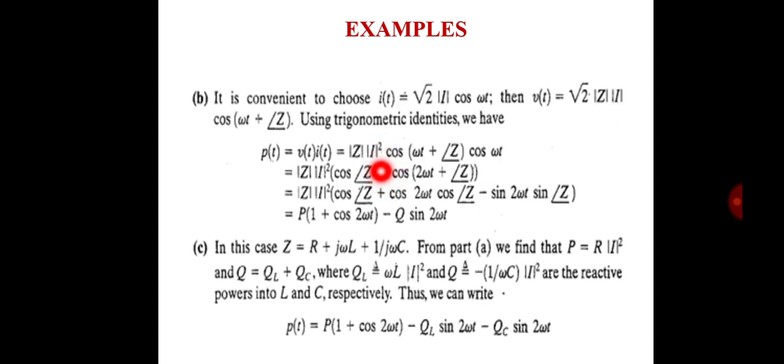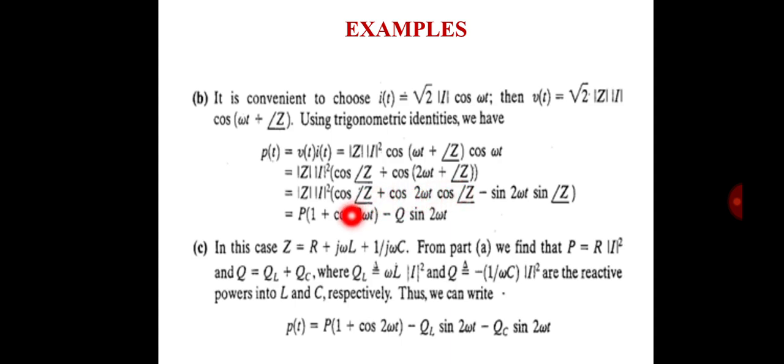Now 2 cos of omega t plus angle Z and cos omega t, that means the 2 cos A cos B equation becomes cos A plus B plus cos A minus B. That means Z I square cos of omega t plus angle Z minus omega t. Now omega t cancels, so we have cos of angle Z plus cos of omega t plus angle Z plus omega t, that means cos of 2 omega t plus angle Z.